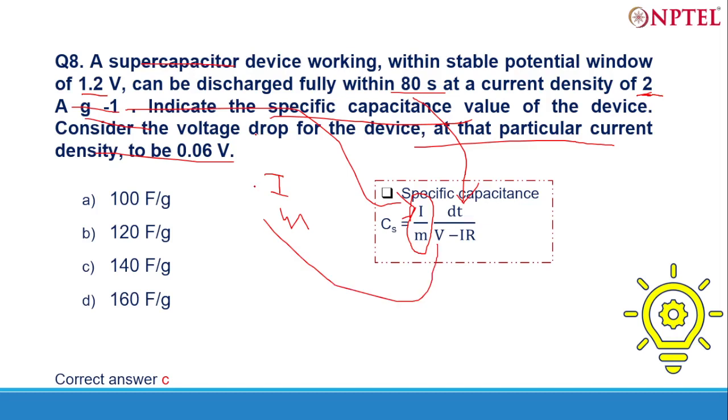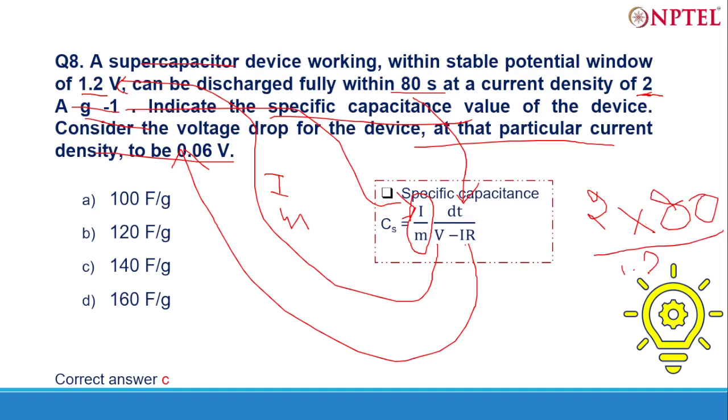V is the stable potential window, 1.2 volt, and IR is current multiplied by resistance, which gives the voltage drop. So you put the values: I upon m is 2, into dt, 80, over 1.2, the stable potential window, minus IR, 0.06.